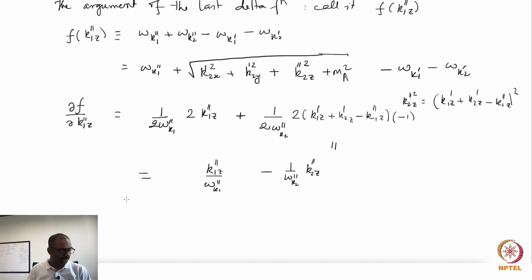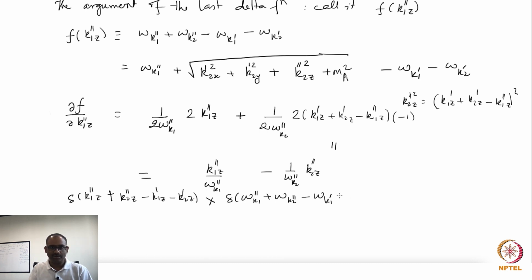Okay, so what do we get? We get delta of k1 double prime z plus k2 double prime z minus k1 prime z minus k2 prime z, times delta of omega k1 double prime plus omega k2 double prime minus omega k1 prime minus omega k2 prime.